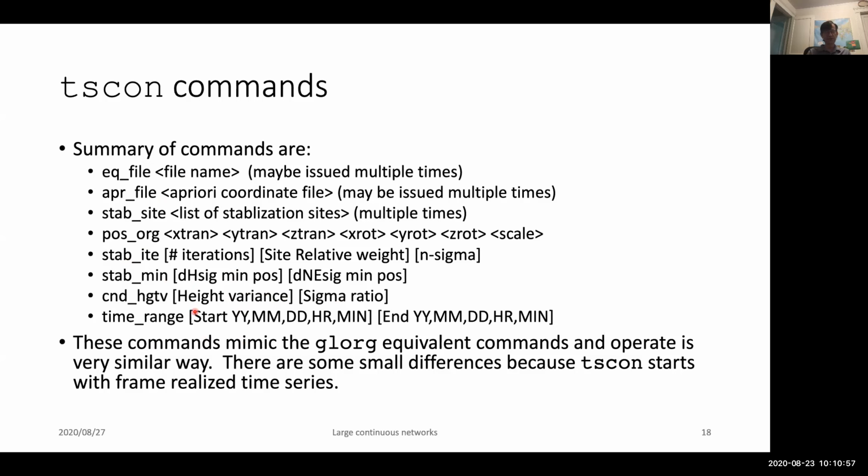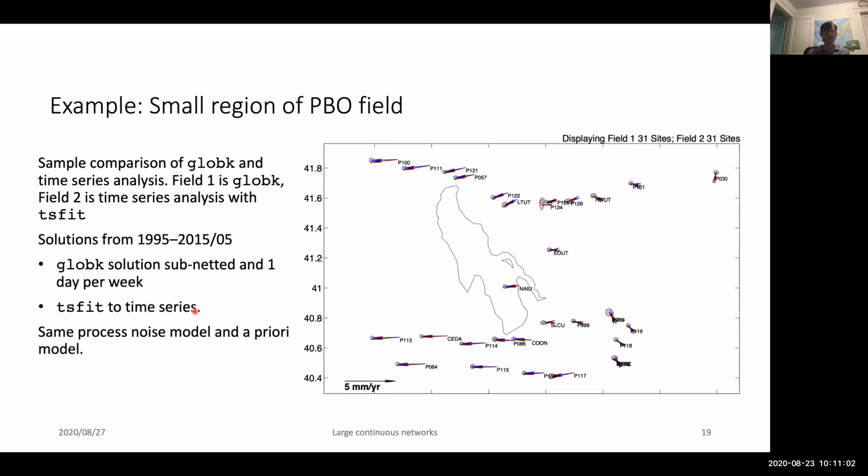So as we look at this, how does this whole system work out? Here is an example from the PBO NOTA field, in the central part of the United States. The velocity scale down here is a 5 millimeter vector.